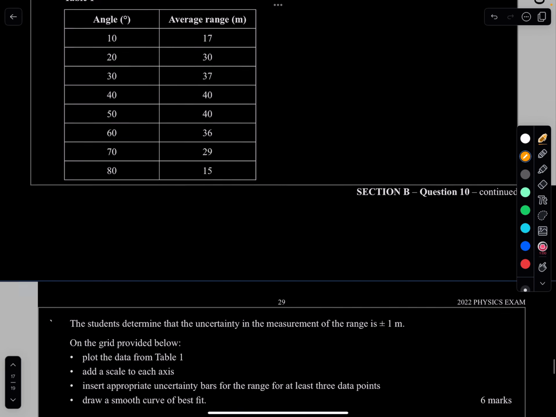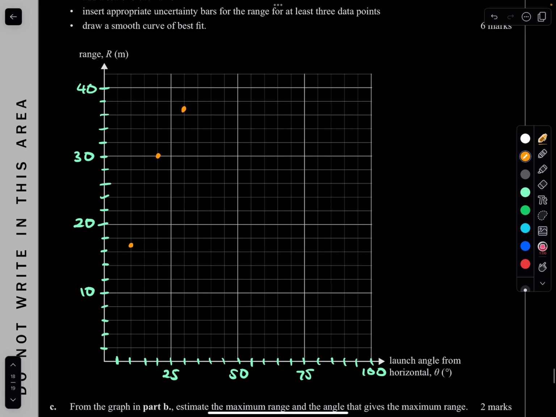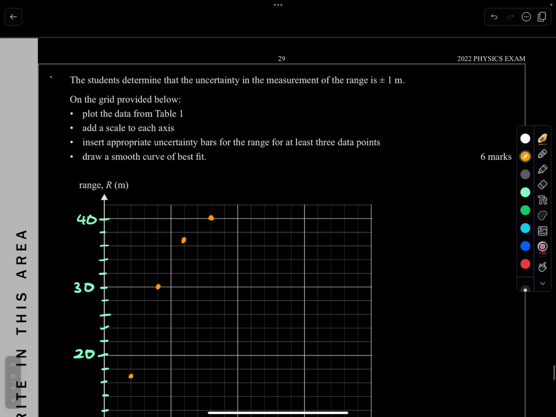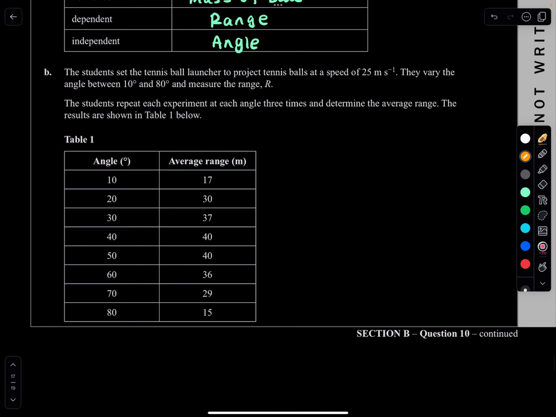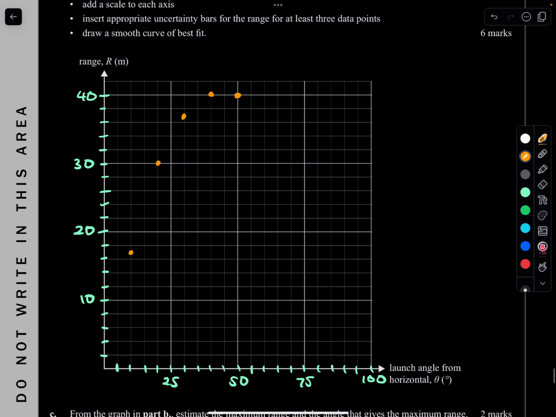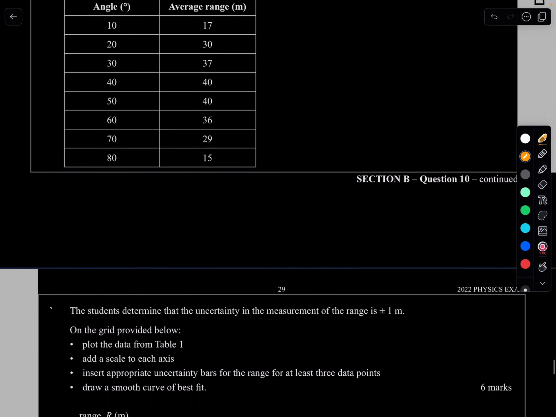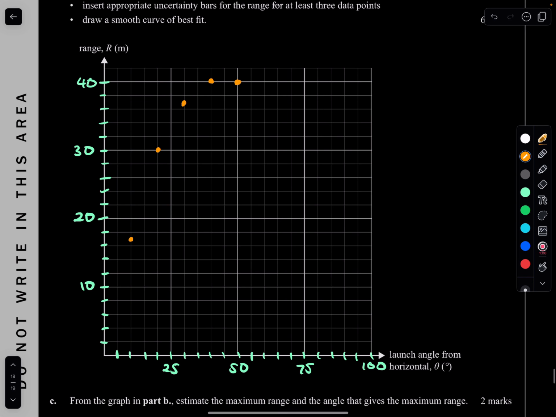Then angle 40, range 40. Then angle 50, range 40 here. Then angle 60, range 36, so 2, 4, 6 there, right over here.